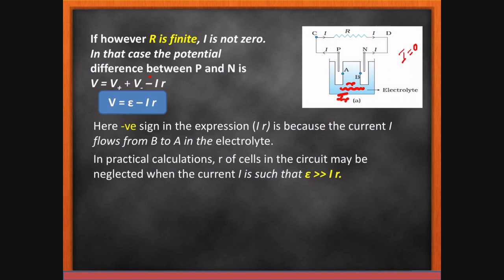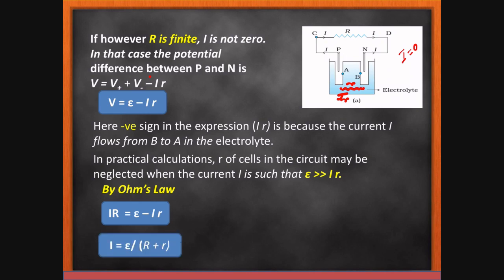In practical calculations, the r value is very, very small. We can neglect it. And by Ohm's law, we can calculate the formula of I also. So IR is equal to E minus Ir, and I is equal to E by R plus r. This is the relation between current, EMF, resistance, and small resistance.